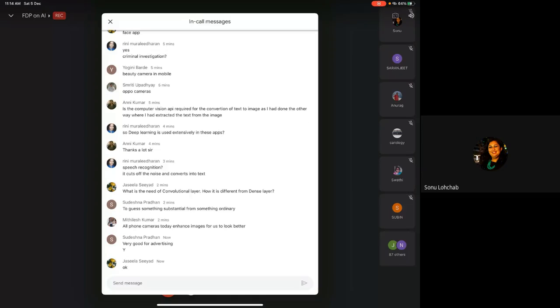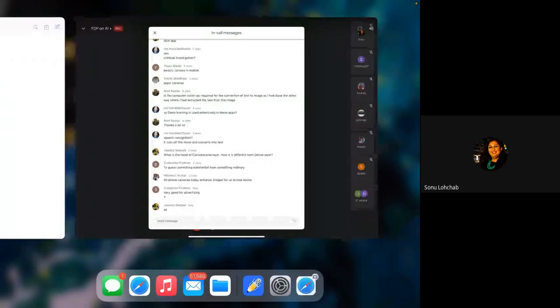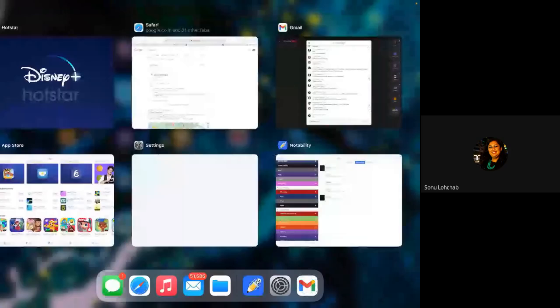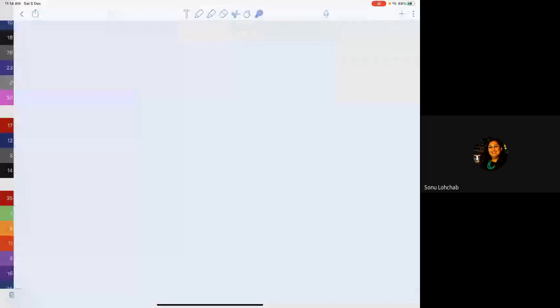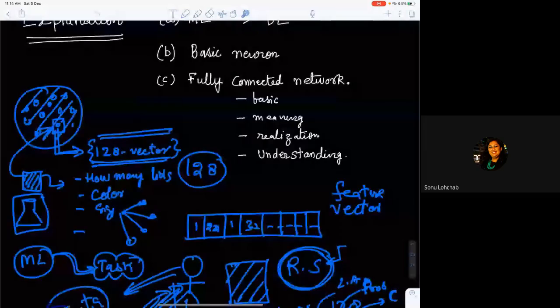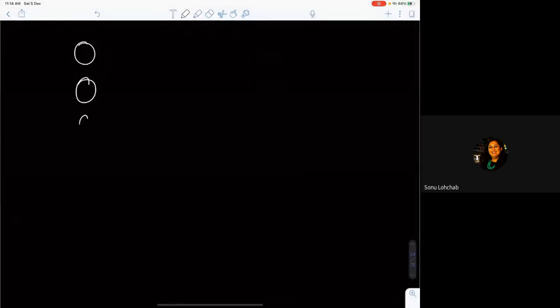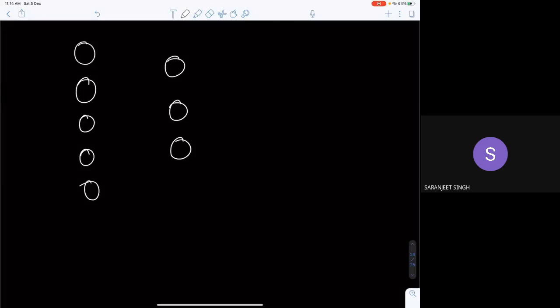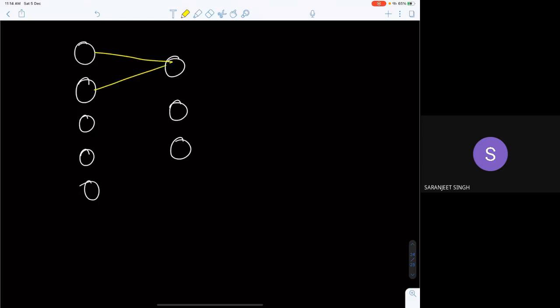So when I say that this is my input and this is one layer of neurons, everything is connected to everything, meaning that all of them are connected. Then they are also connected. Then this is also connected.